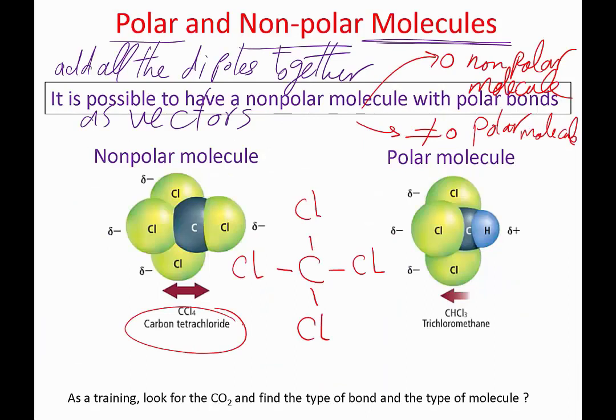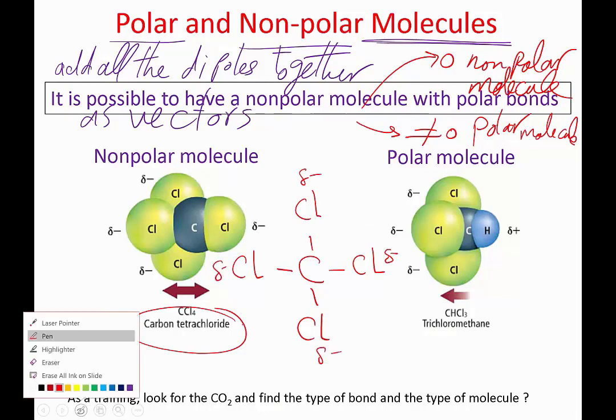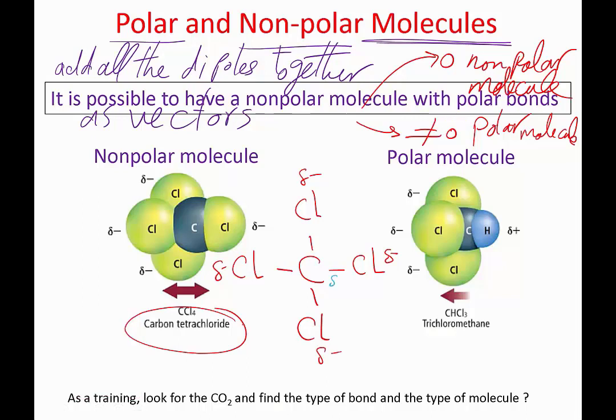So the chlorine becomes more negative, and the carbon becomes more positive. So here we draw dipoles, and the direction is from positive to negative. 4 dipoles from the carbon to the chlorine.